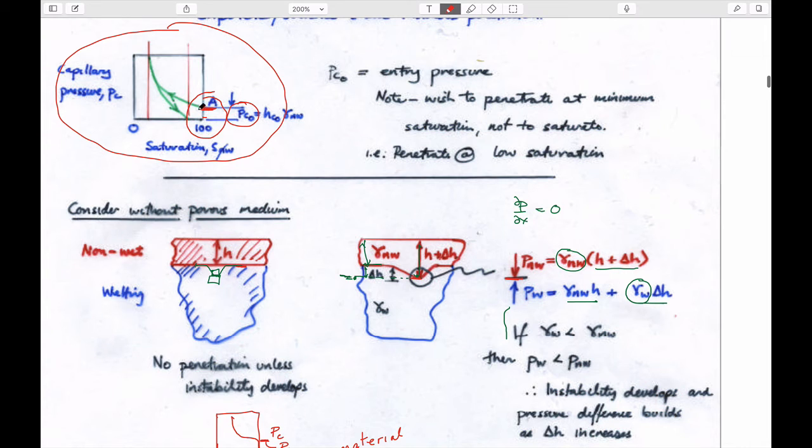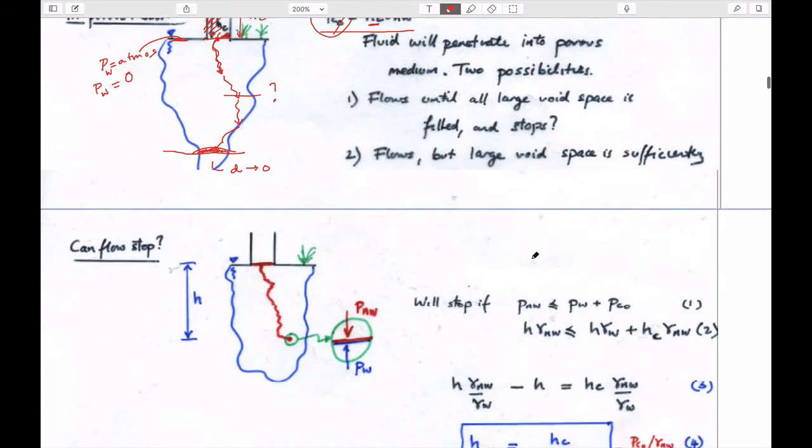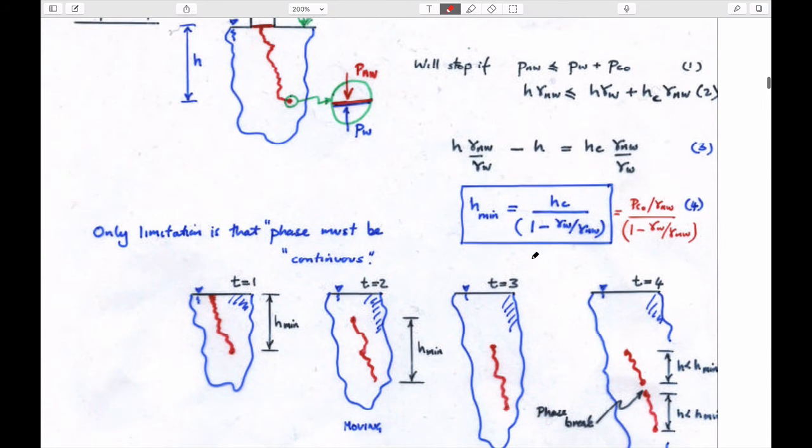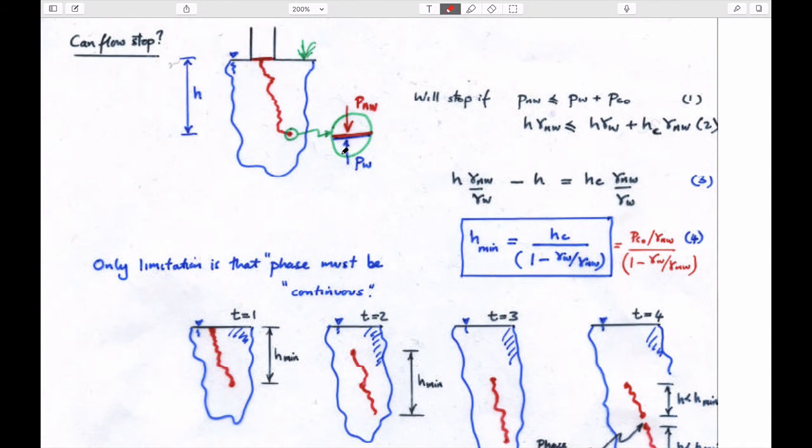We're adding another resistance onto it. So initially it's just the water pressure at that depth, but there's an extra resistance because it has to get into the pore space. So if we take the pressure in the water plus this PC value, and if this value isn't larger than it, then it will stop, or it won't get going. And so that's basically the idea. We do the same calculation at this interface.